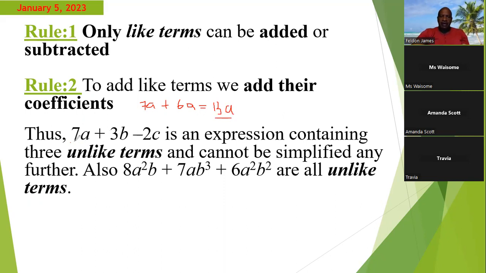However, if we have 7 apples and 3 bananas and 2 carrots, we can't add these together to get a simplified term because apples and bananas are not the same. We can't add 7 apples plus 3 bananas and call it 10 apple bananas. It doesn't work like that. It's either you have 7 apples, 3 bananas, and carrots.